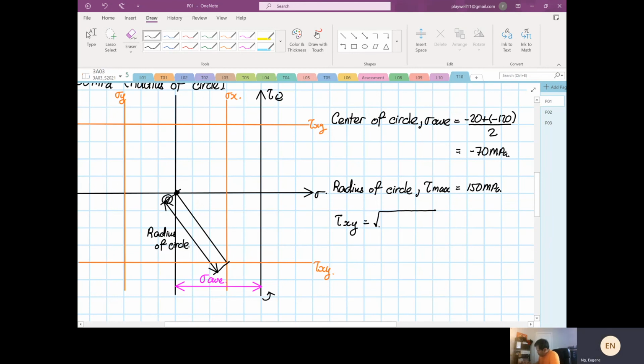So we know that if this is minus 70 megapascal, minus 70 minus 20, so this is minus 120, the distance from here to here is 50. We know the radius of the circle, and this is the distance that we want to find.